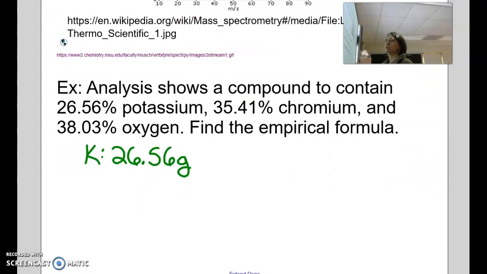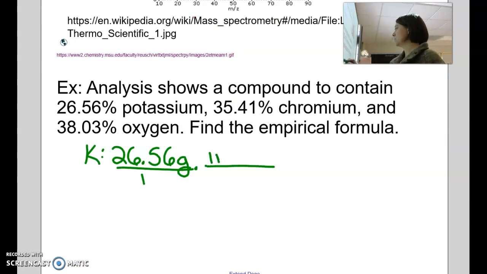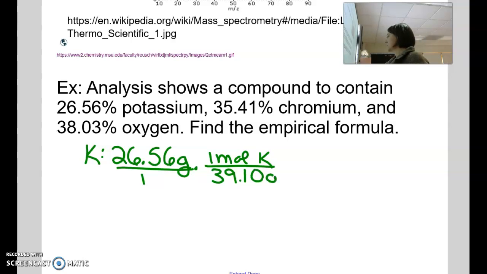So we'll just convert this into moles. So our molar mass for potassium, 1 mole potassium over 39.10. Okay, I think I'm going to set them all up and then we'll grab out the calculator.